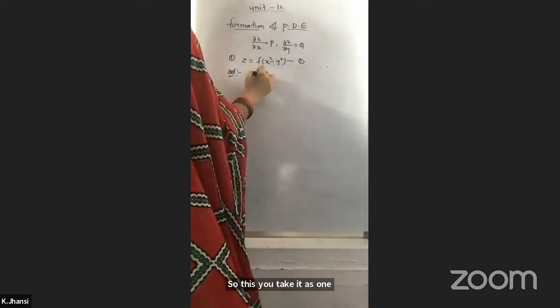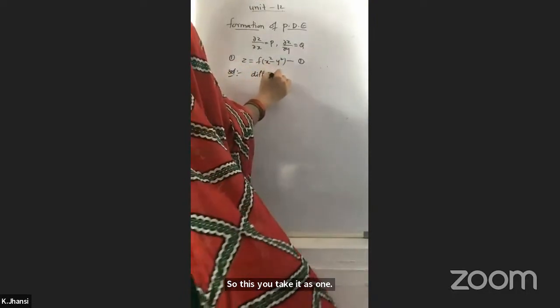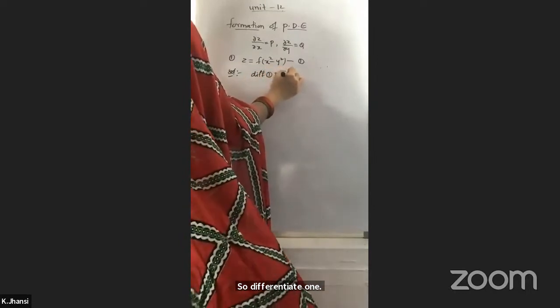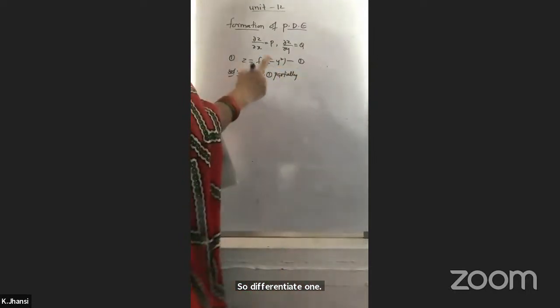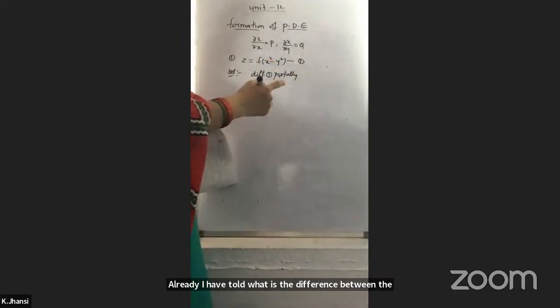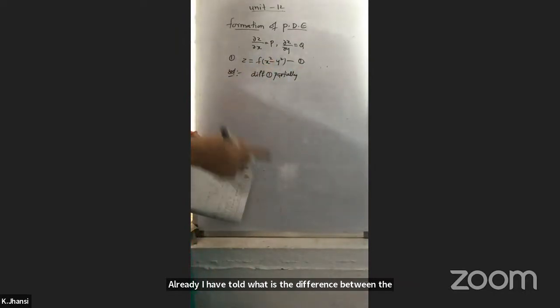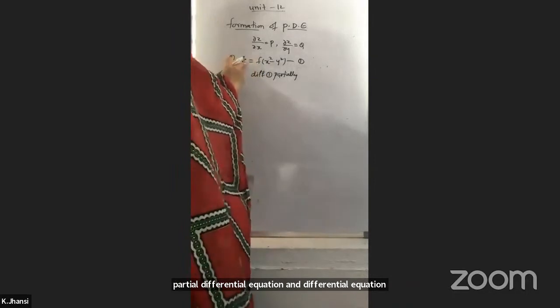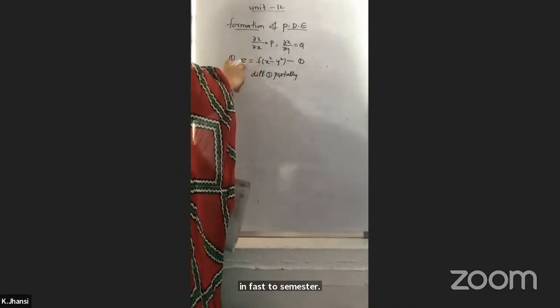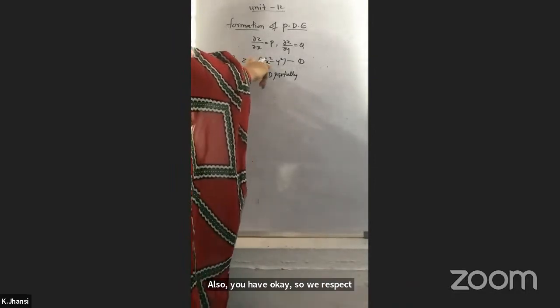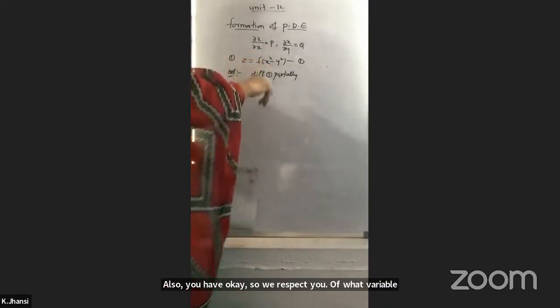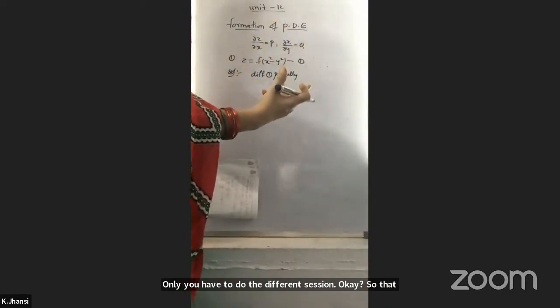Differentiate 1 partially. I have already told you the difference between a partial differential equation and a differential equation, and you also had it in first semester. With respect to whichever variable you are differentiating, you differentiate only that variable, and the other variable will be treated as a constant.